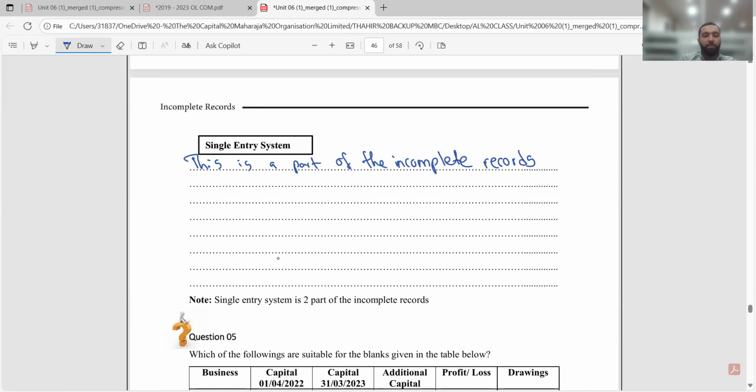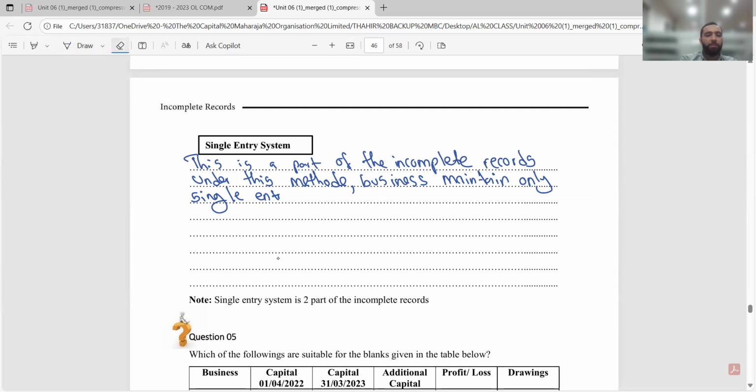Under this method, business maintain only single entry. Only single entries. Let's put this as single entries.